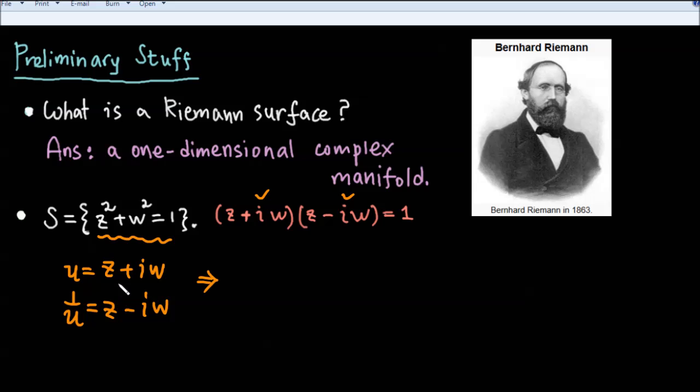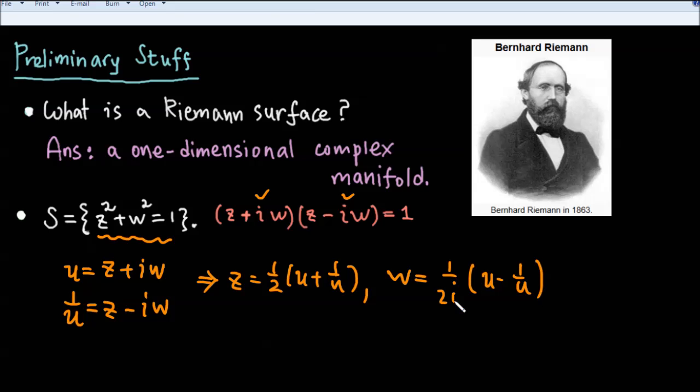Then by adding these two things, you get 2Z, and this cancels. So it turns out Z is 1/2 of (U plus 1 over U). W, if you subtract these two, you have 2i as a coefficient, and U minus 1 over U. That's the parameterization. See, the Z and W in this Riemann surface are now completely parameterized by one variable.